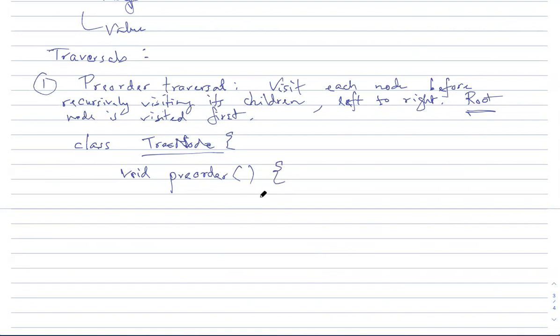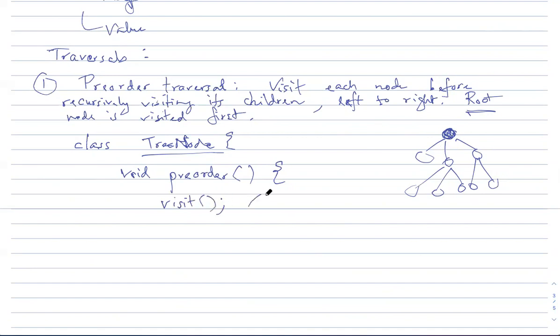So the basic idea of pre-order is that you're visiting the node before its children. Because you want to do the visit of itself first, the first thing that you do is you call visit.